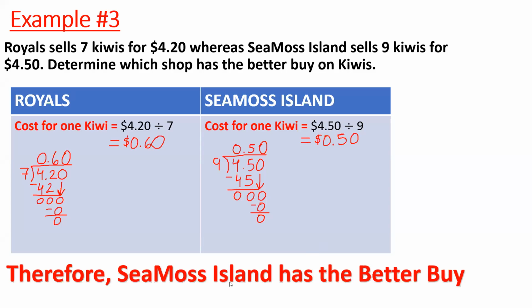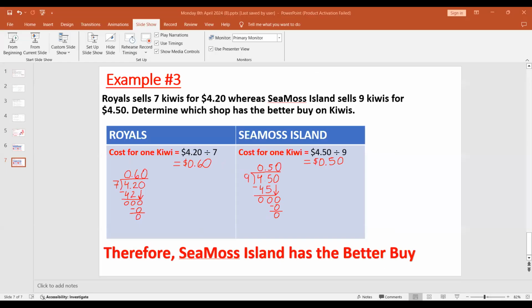Yes, sir. Michael, do you understand? Yes, sir. Explain how we got that the better buy is Sea Moss Island, Michael. So the cost for 1 kiwi at Royals is $4.20 divided by 7.